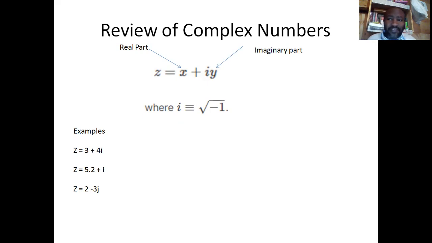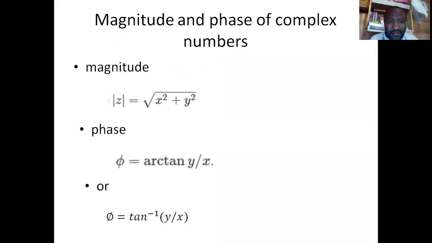How would you get its magnitude? Please find out. So we proceed. No, I didn't forget. It's there. So the next slide looks at the magnitude and phase of complex numbers.